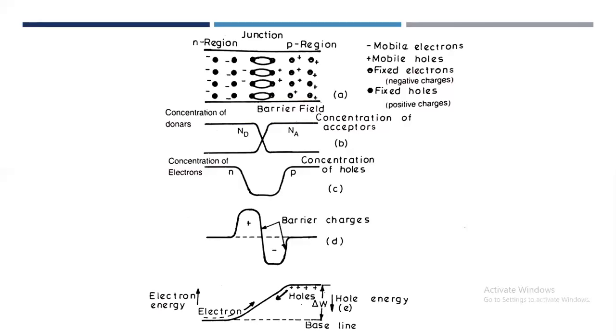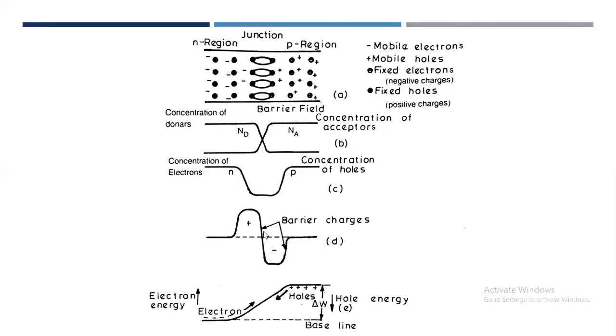Under equilibrium conditions, when no external voltage is applied to the PN junction, there is a dearth of holes and free electrons in the vicinity of the junction.